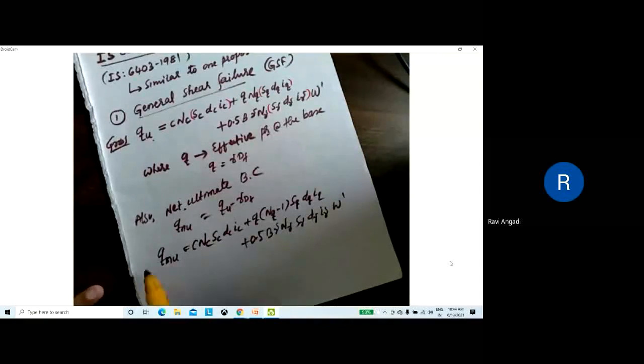Okay, so this is the equation we get for the net ultimate bearing capacity.